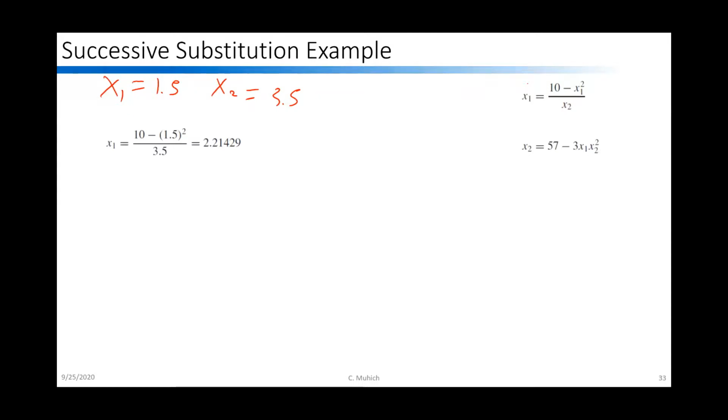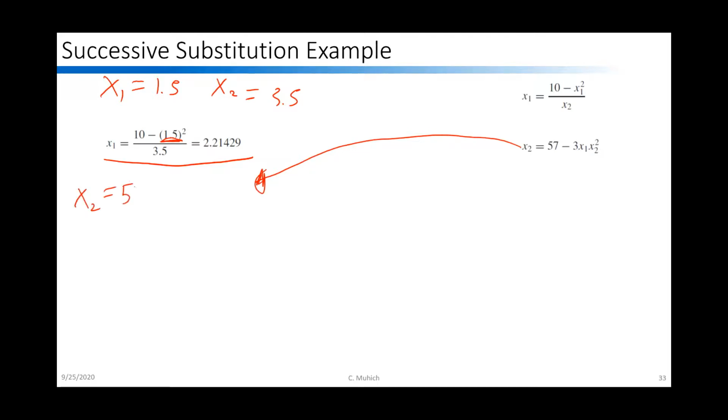So just like Gauss-Seidel, we take our equation for x1. In this case, it's 10 minus x1 squared, so 1.5 squared, over 3.5, and that equals 2.2 with some other digits trailing behind it. I can then take this new guess for x1 and write out a new equation for x2.